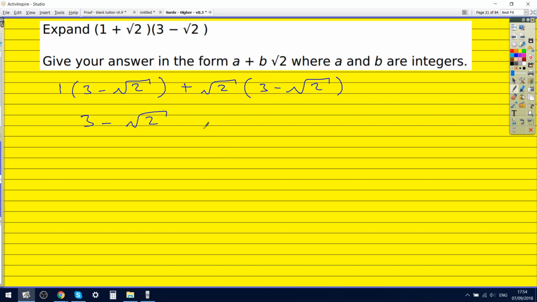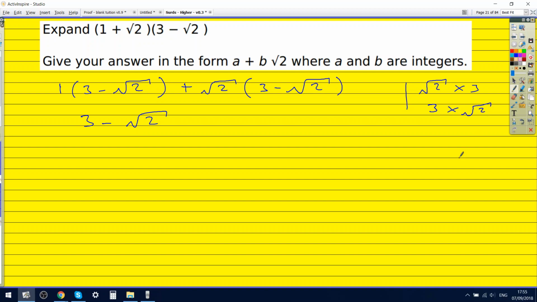Well, the other one is root 2. So it's basically root 2 times 3? Root 6? No, it's not root 6 though. Root 2 times 3 is the same as 3 times root 2.